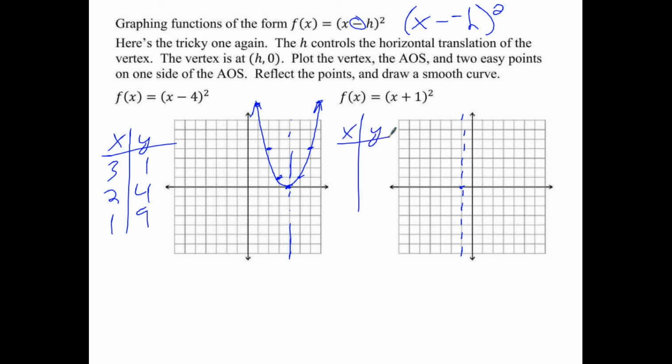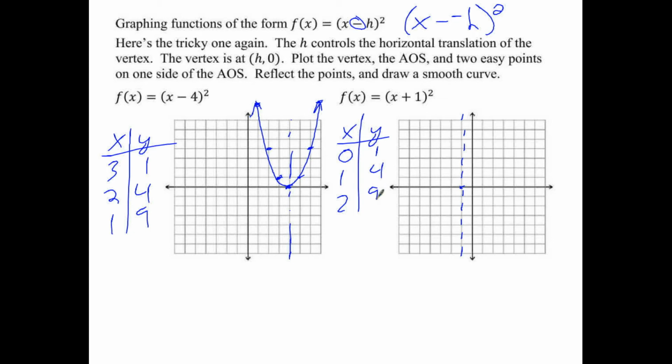Now what? I like the 0, 1, 2 because 0 is an easy number, so is 1, and really so is 2, okay? Easier to go to the right this time. So plug in 0, what do you get? 1. Plug in 1, what do you get? 4. And plug in 2, what do you get? Okay.